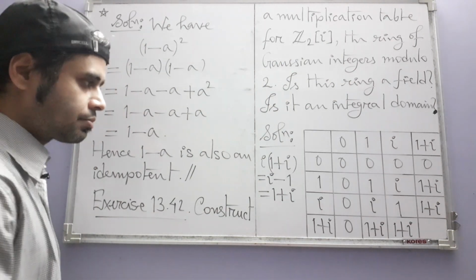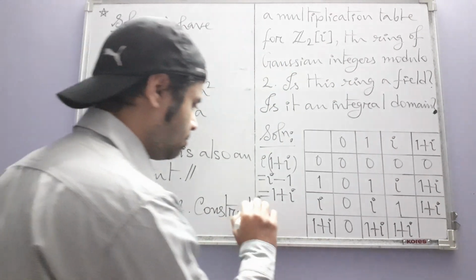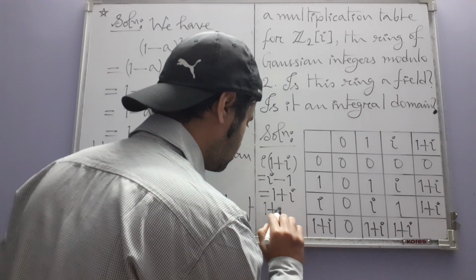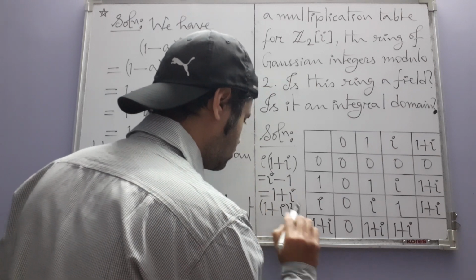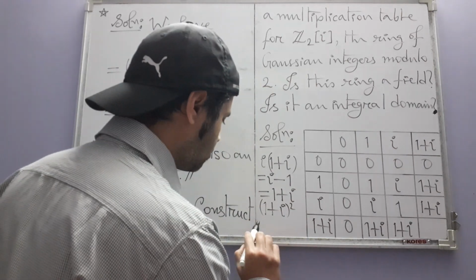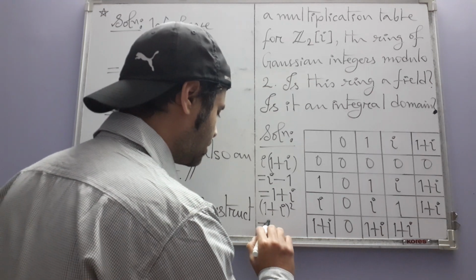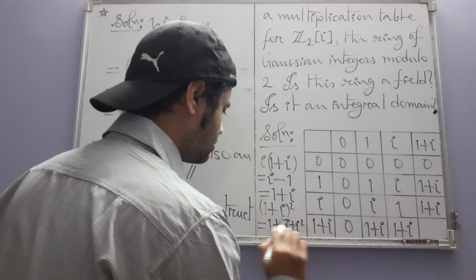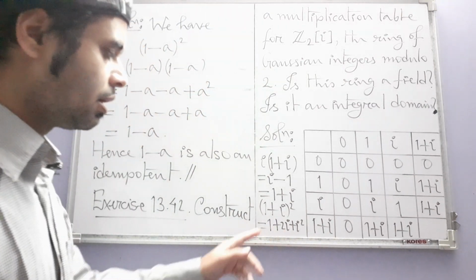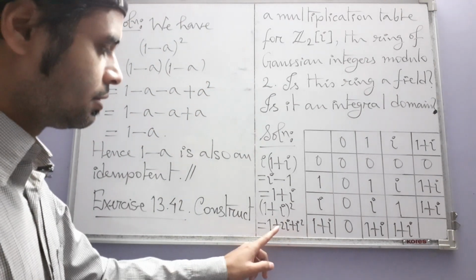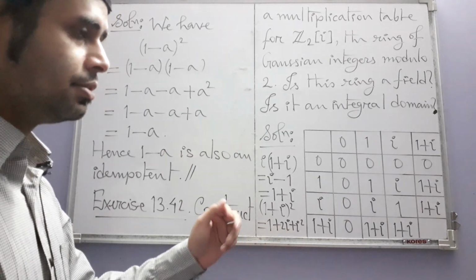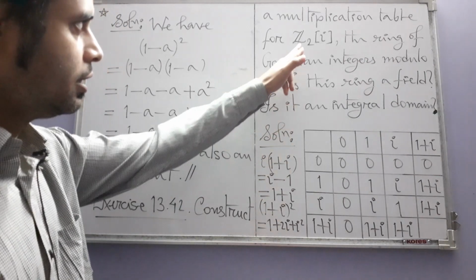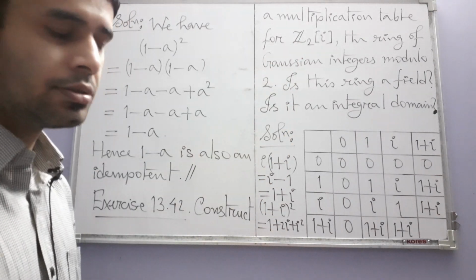And then we need to calculate 1 plus i square. Now 1 plus i square is going to give us what? 1 plus 2i plus i square. 1 and i square will cancel out, and 2i is 0 because in Z2, 2 is 0.